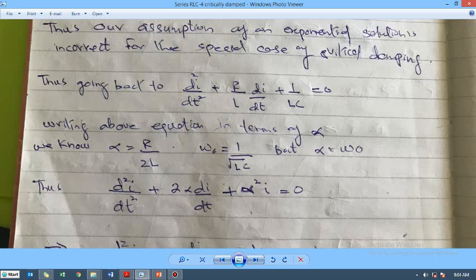Since alpha and omega are equal, this will also be written as alpha, and this will be written as 2 alpha, because there is no 2 in the denominator here. In alpha there is a 2, so R upon L will become 2 alpha. That's why this has been replaced with 2 alpha.